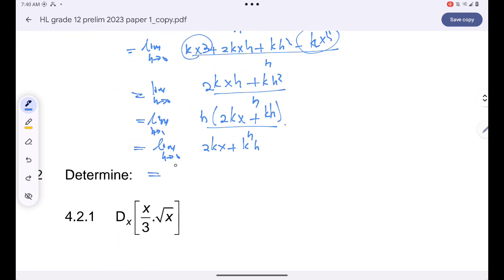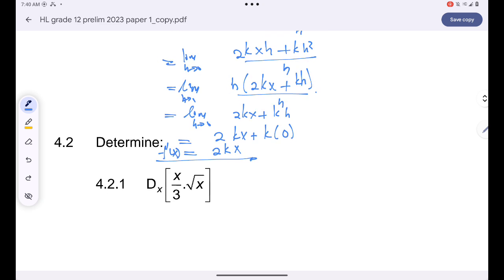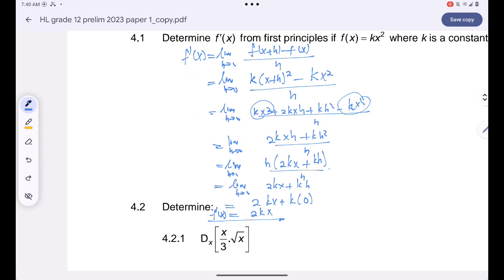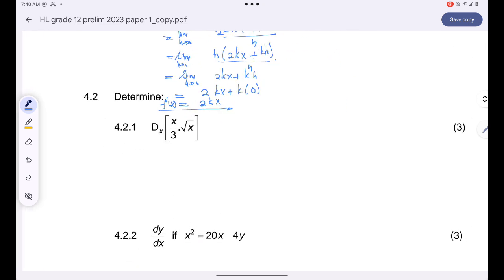Now I can substitute h as 0, guys, because the expression will never be undefined. So I'll simply have 2kx plus k multiplied by 0, and the answer is just 2kx. So the derivative from first principle is basically equal to 2kx. Are we together, guys? Okay.